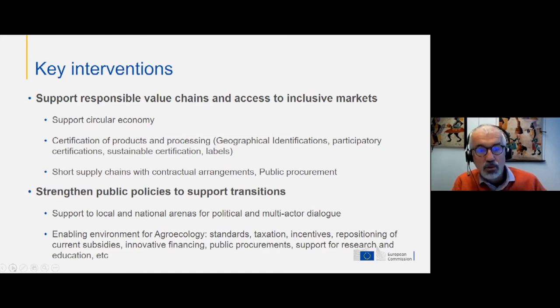But along those value chains, we can also have short ones for the marketing of produce from farmers in cities, but we can also have actions that are linked to public procurement, to, for instance, give produces to schools, armies, prisons, and so on.